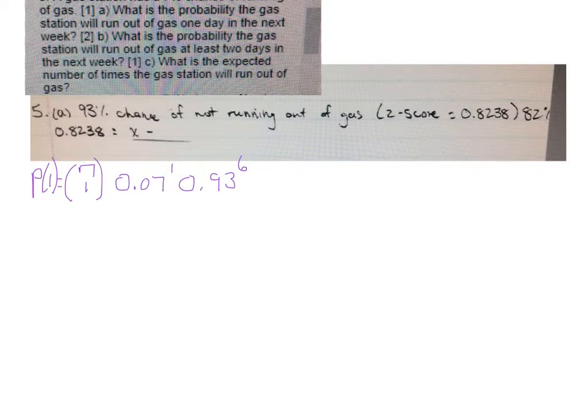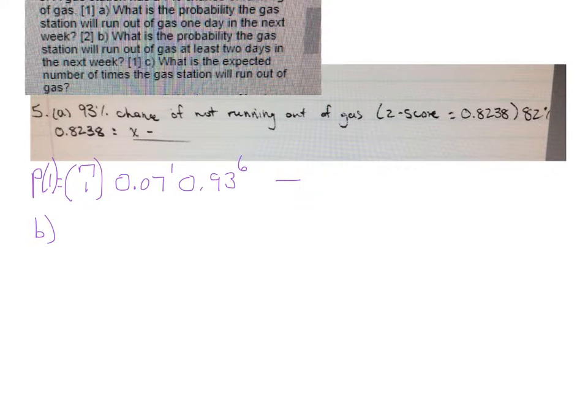If we look at B, sorry, this is kind of messy. B says what's the probability that the gas station will run out of gas at least 2 days. So that changes things a little bit, okay? At least 2 days means 2, 3, 4, 5, 6, or 7, and that's a lot of work. So we already did 1 in the first part of the question.